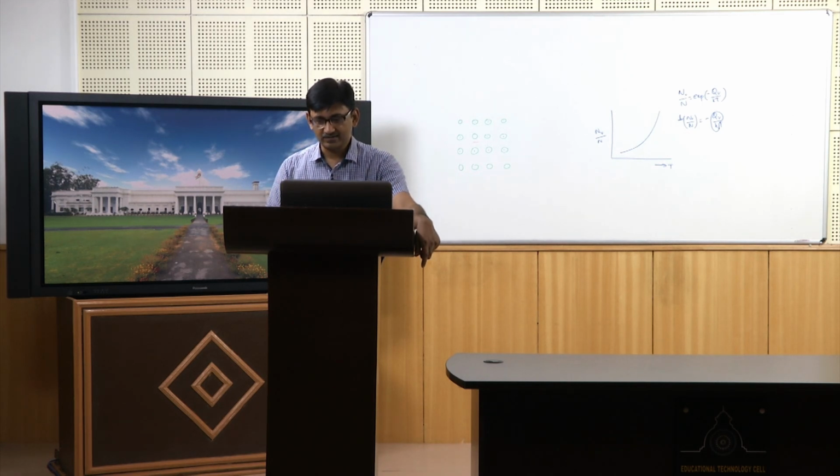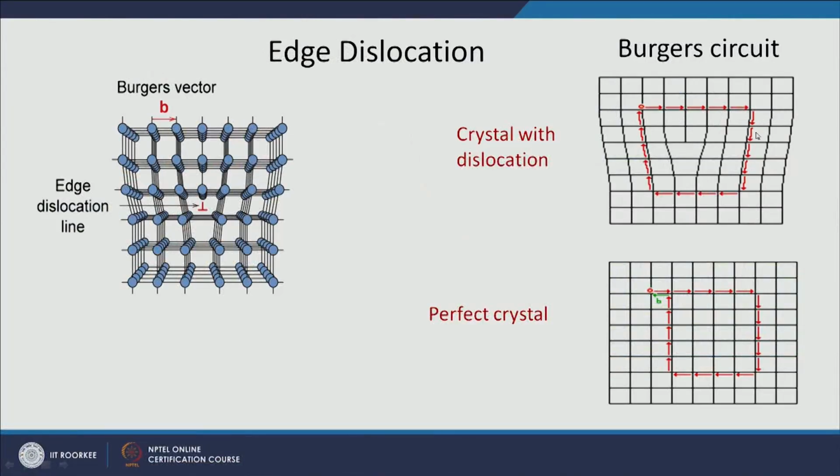So we start from here: 1, 2, 3, 4, 5, 6, 7, 8, 9, 10, 11, 12, 13, 14, 15, 16, 17, 18, 19, 20. Now, same thing we will do here. We are starting from the same position, going along taking the same steps, and we will find that we are reaching early here.